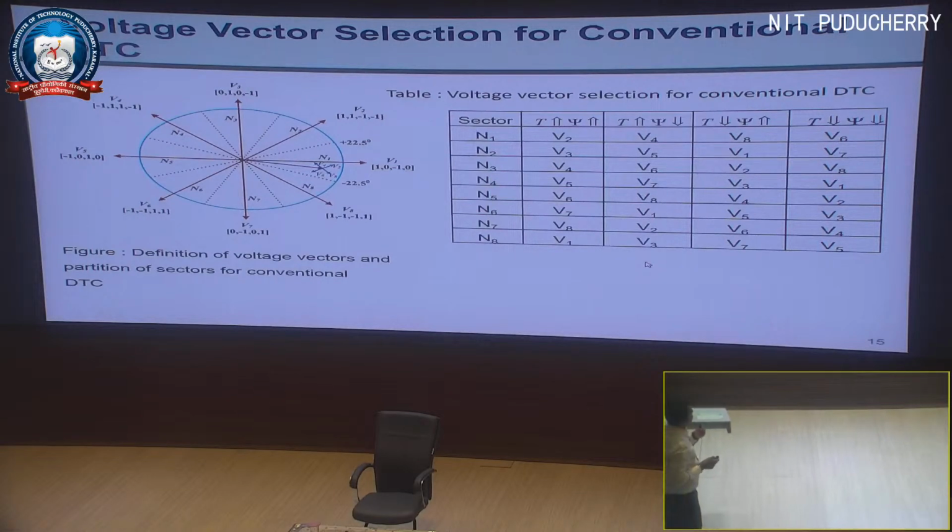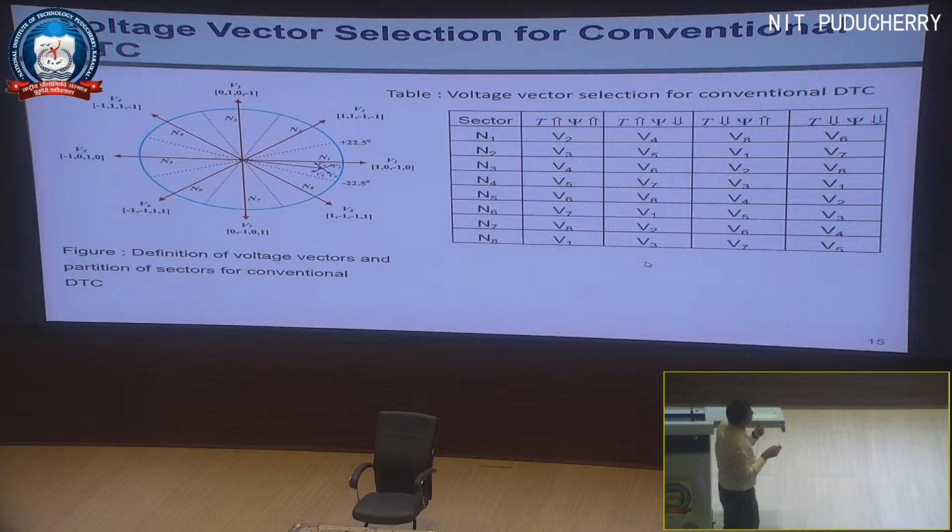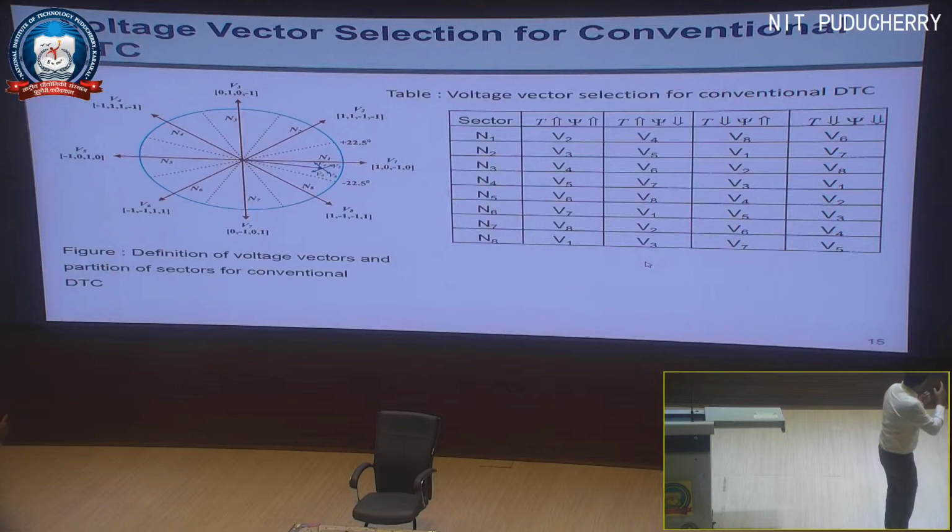So this is what I'm trying to say. If I want to increase the torque and increase the flux, then accordingly the vector is selected. Suppose the stator flux vector is in sector 1, then the vector which is in the next sector immediately in the anticlockwise direction is selected, and then you can witness an increase in the torque and the flux linkage.